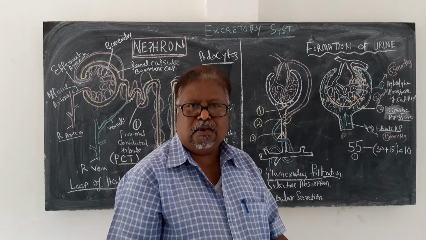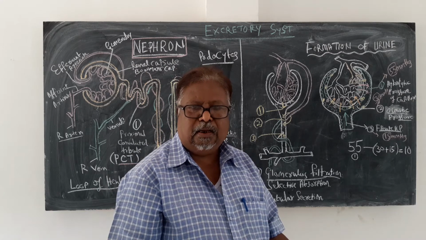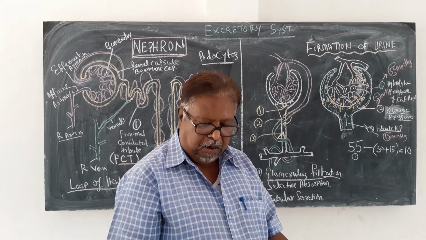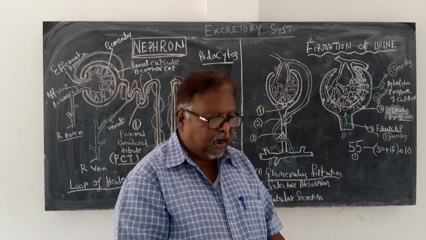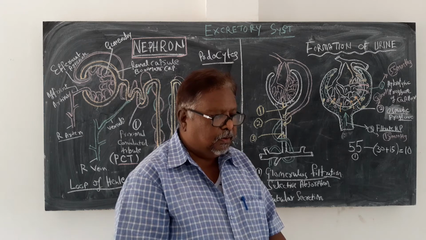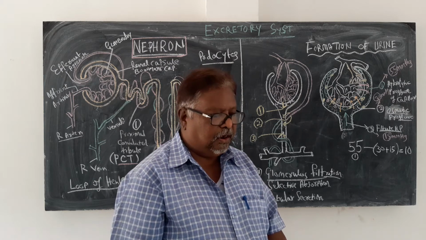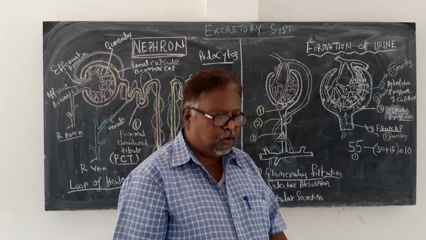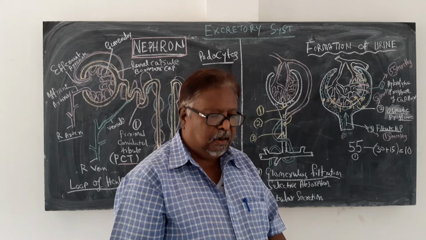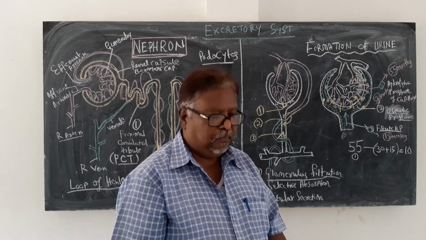The plasma proteins will remain in the blood only, and these plasma proteins help to increase the osmotic pressure, and that osmotic pressure is about 30 mmHg. The next one is one more pressure which is opposite to the capillary hydrostatic pressure, exerted by the filtrate.